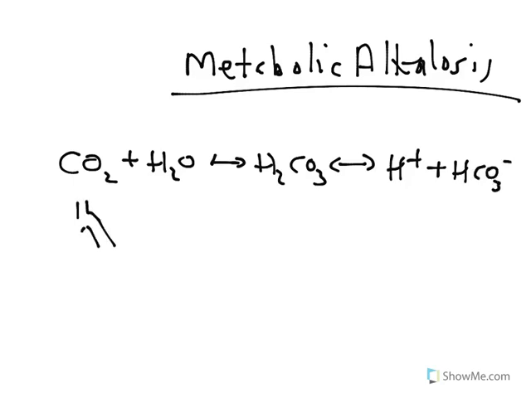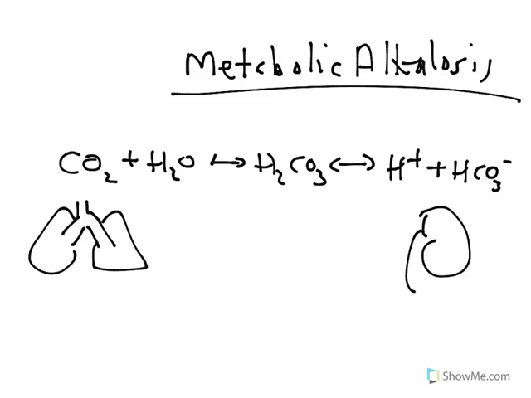Remember, our lungs and our kidneys. This is always so crucial to understand from a physiology standpoint. Now, in alkalosis, we are going to have an increase in the bicarbonate ions.